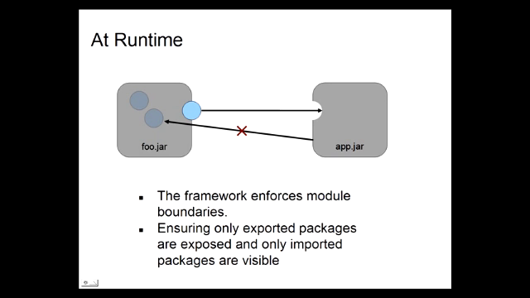And then at runtime, the framework enforces these module boundaries. It ensures that only the exported packages are exposed and only the imported packages are actually visible to the module which is importing them. So in this example, the app.jar only has access to those foo packages that it is importing, and it can't have access to any of these other types that were not exported by the foo.jar.